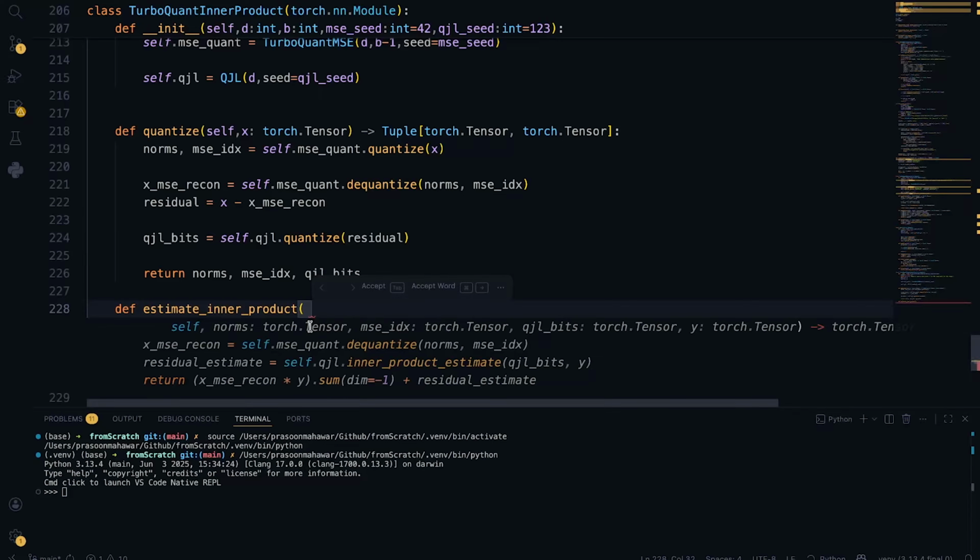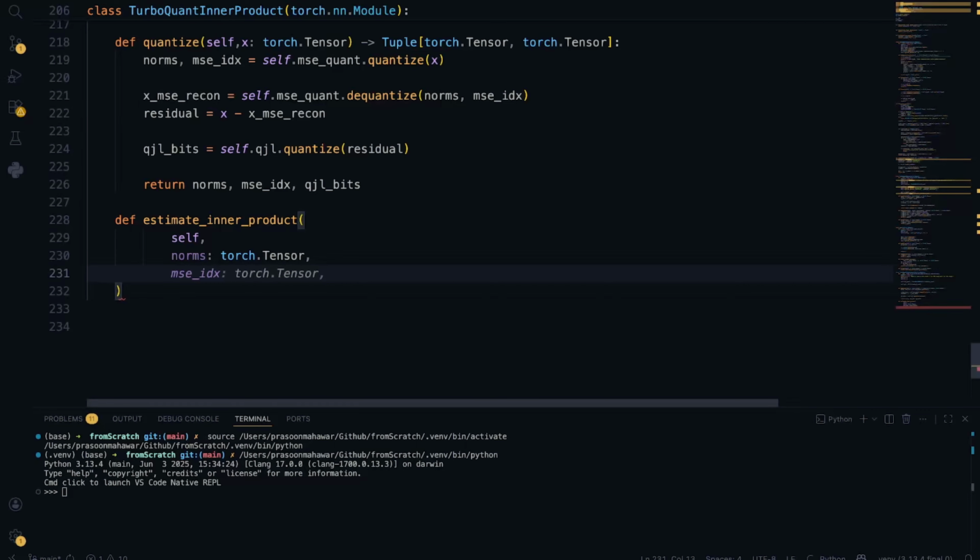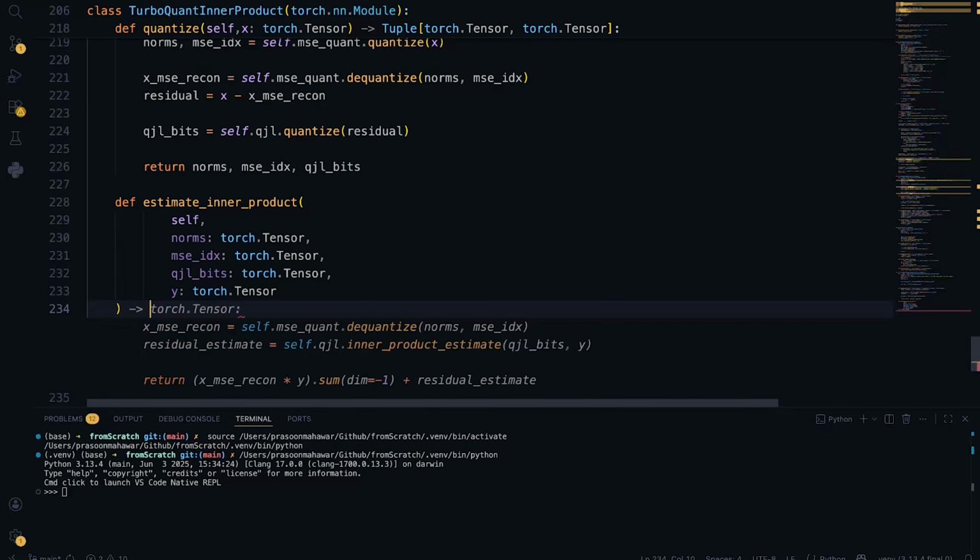This will be self, norms, which is a torch tensor, then MSE index and QJL bits, and finally y, and this will output a torch tensor.